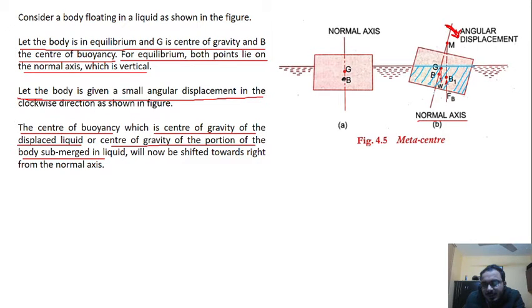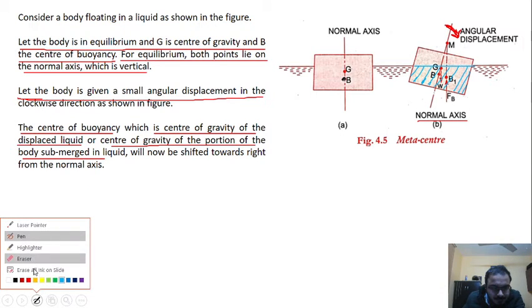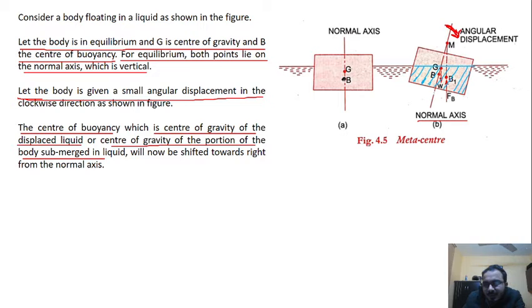Okay, so this is the part that is submerged. So this point B1, the point which is shown over here, is B1, that is the center of gravity of this displaced liquid.